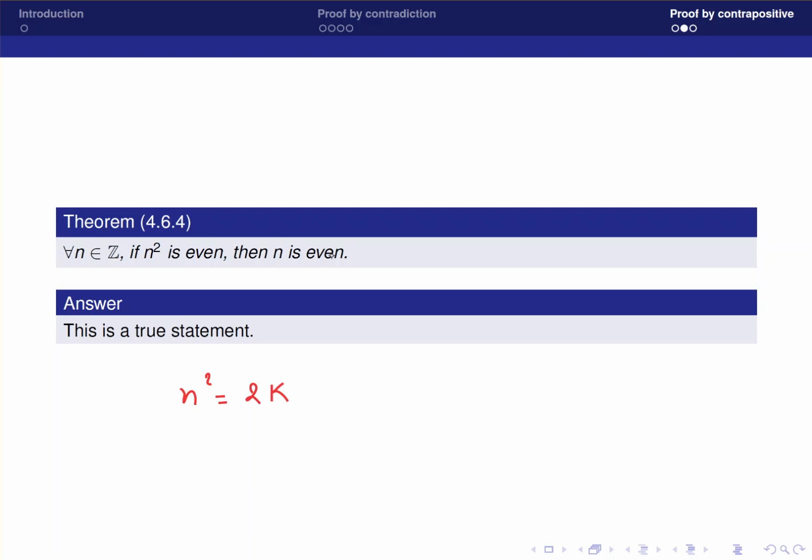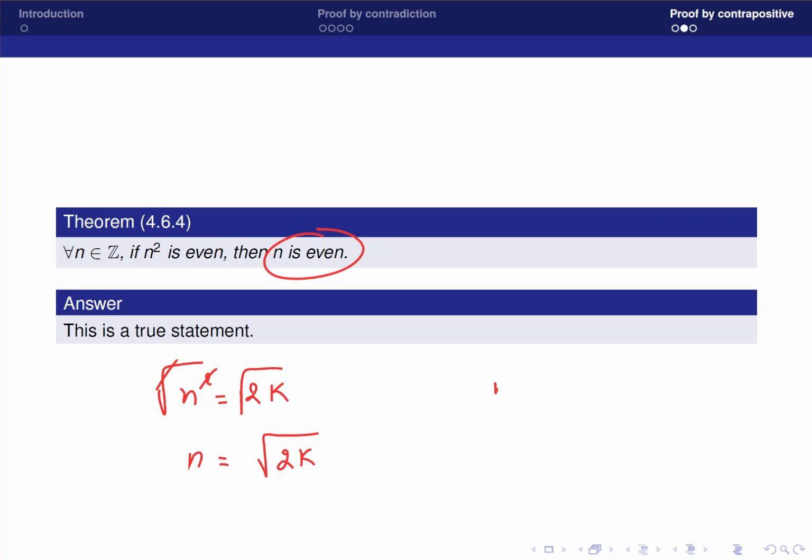My job is to prove that n should be even, and in order to do that, it would require square rooting both sides. Now, there's no problem square rooting on the left, n comes out, but what happens when you square root the 2k? The problem is, it may or may not be an integer anymore.